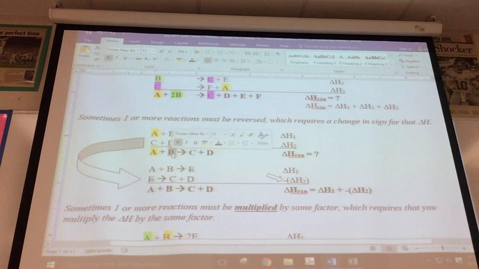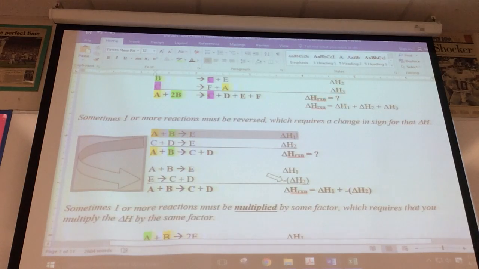Further evidence of that comes from the B, and again I see it right there, suggesting that the first equation needs no alteration. Now I focus on this product C. It's over here. Well, the coefficient matches, but C is a product, and here it's a reactant. And that suggests to me that I need to flip this equation around so that C and D are products and E is a reactant.